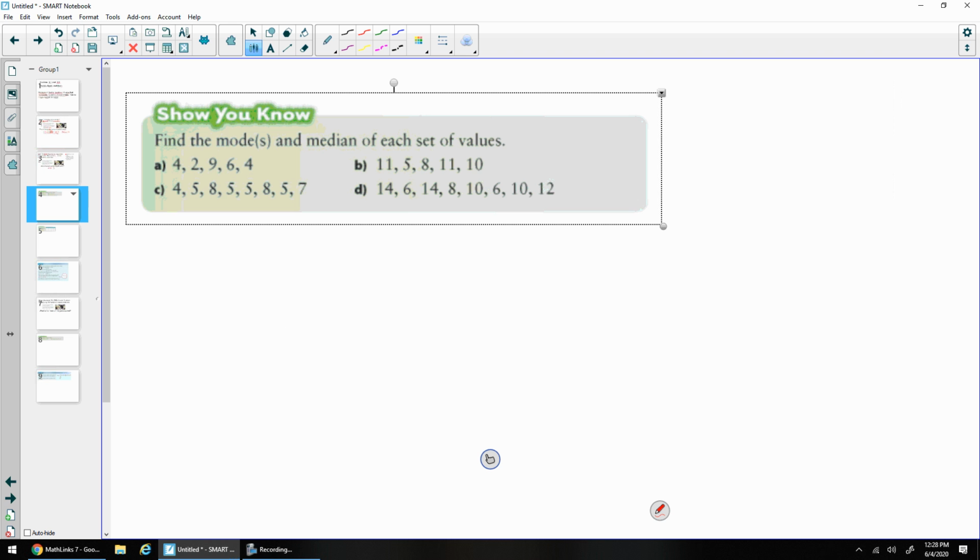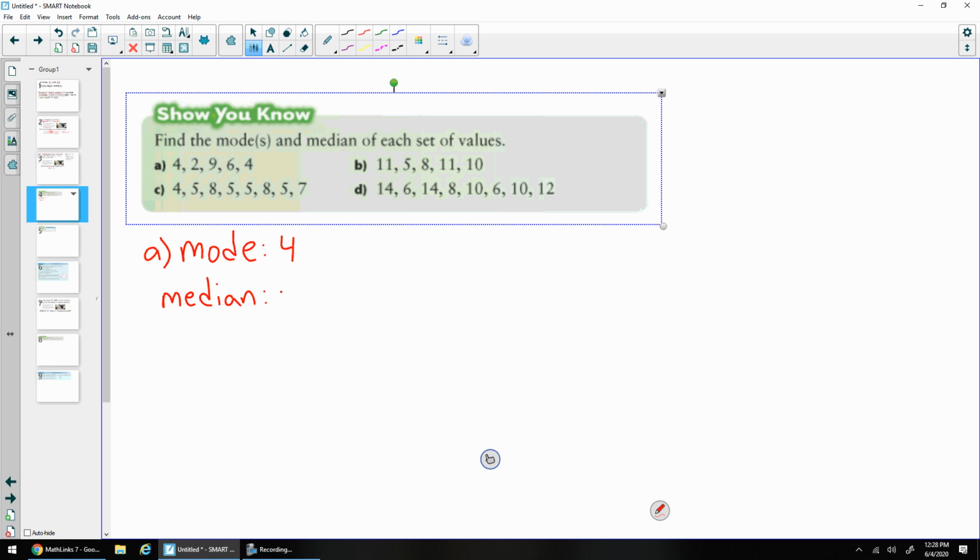Okay, let's do a couple examples for mode and median. Find the modes and medians of each set of values. So A, let's do mode first, because for mode, you don't have to arrange everything. So mode for A, well, there are 2 4s, so the mode is 4. And then for median, let's rearrange these.